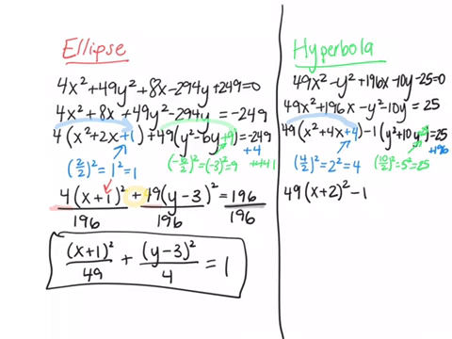But then when I distribute in that negative 1, that means that on the other side, I'm really going to be subtracting 25. So now the y's become y plus 5 squared, and this would be equal to 196.